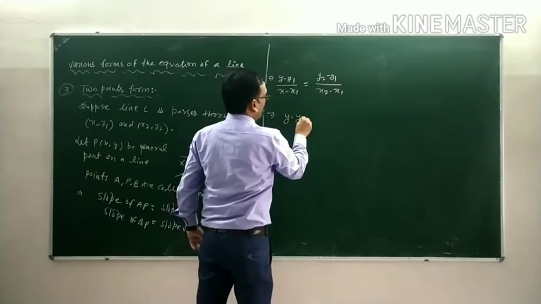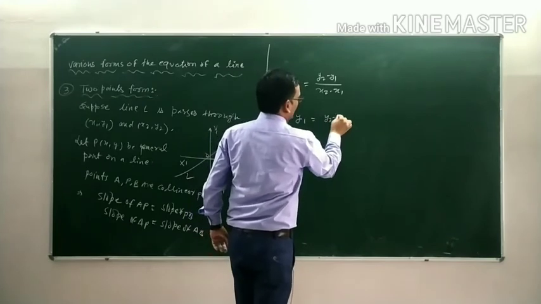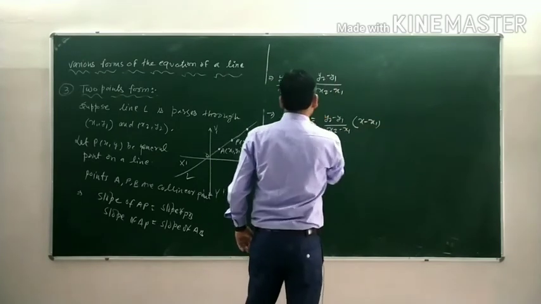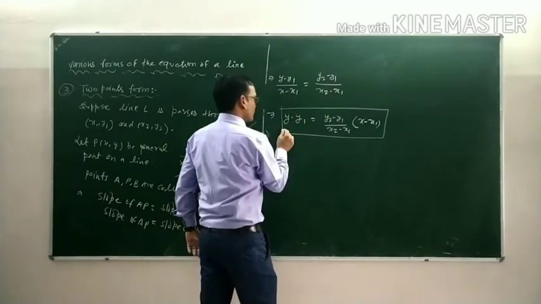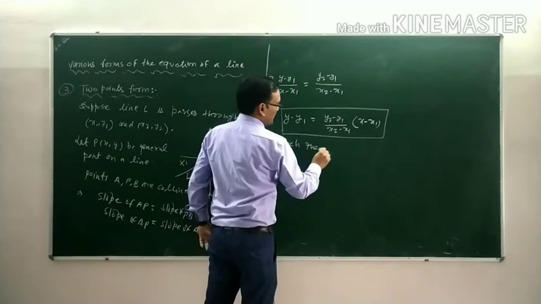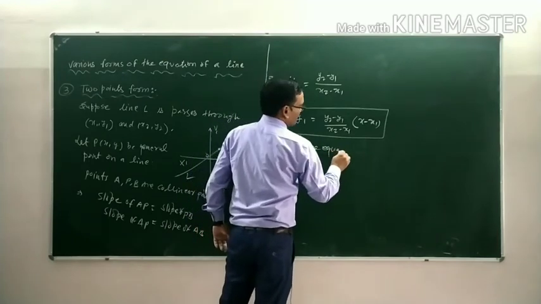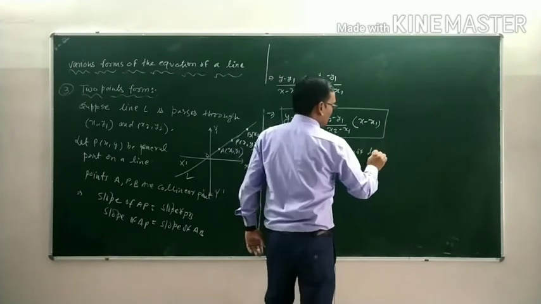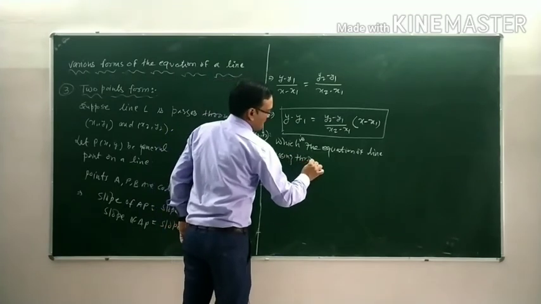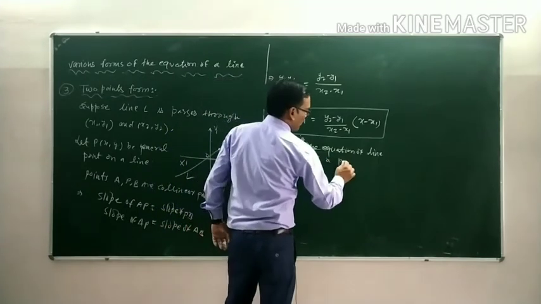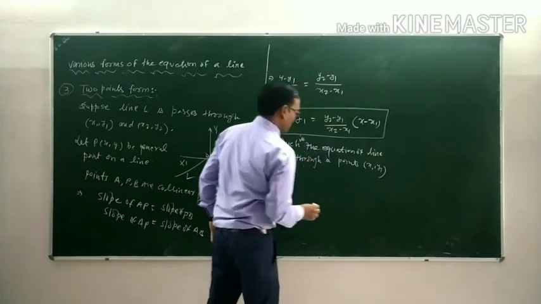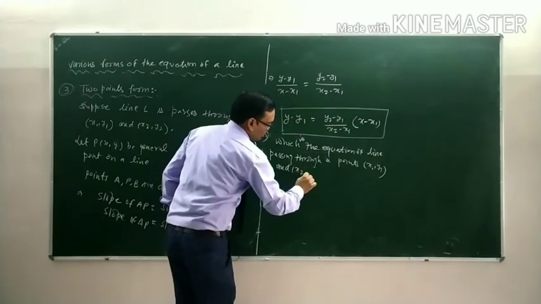This implies that y minus y1 equals y2 minus y1 upon x2 minus x1 into x minus x1, which is the equation of the line passing through two points x1 comma y1 and x2 comma y2.